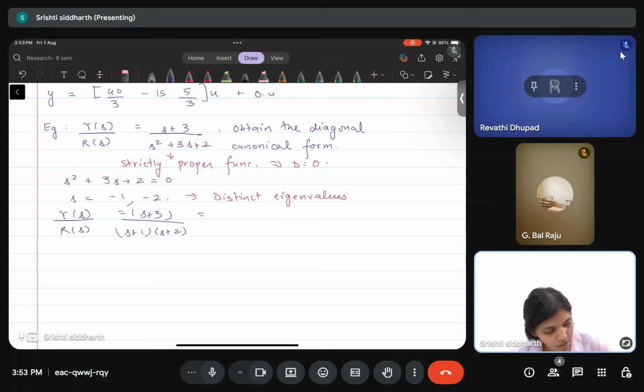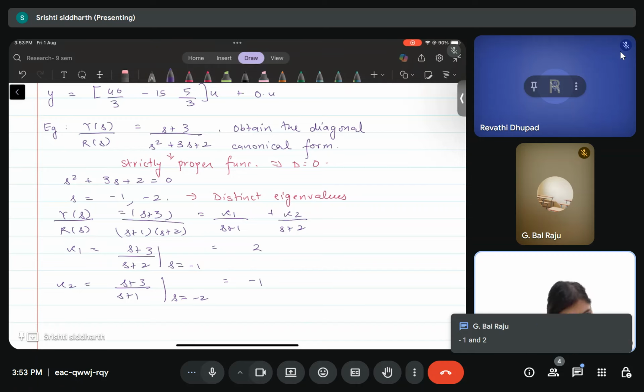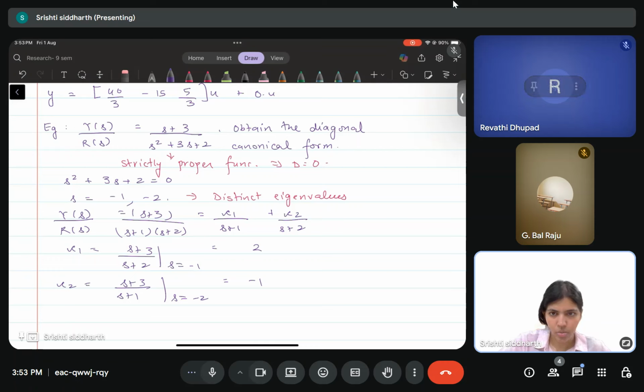This is simply going to be c1 over s plus 1 plus c2 over s plus 2. c1 is s plus 3 over s plus 2 evaluated at s equals -1. c2 is s plus 3 over s plus 1 evaluated at s equals -2. So these are simply 2 and -1. I think it's going to be 2 and -1, right? c1 is 2.